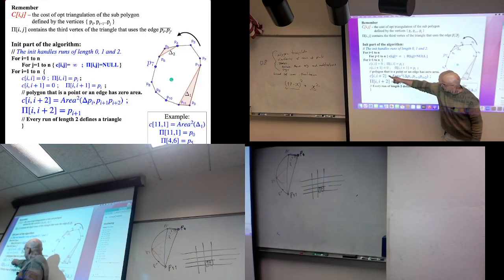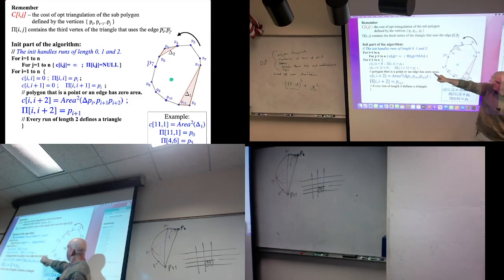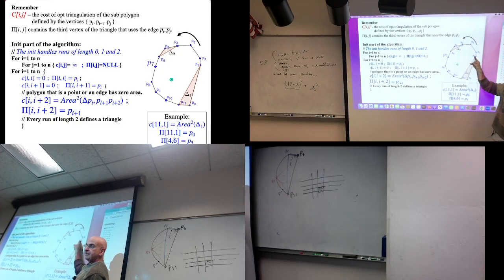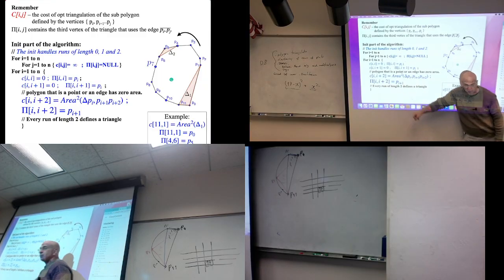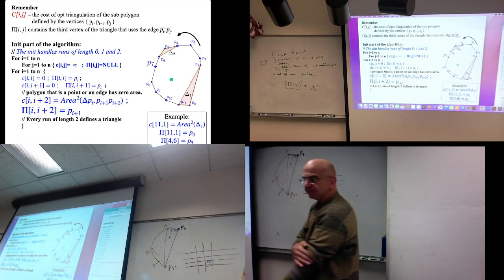When I talked about the case of a single triangle, P11, P0, P1, I had to say that C of 11 to 1 contains the area of this triangle. Where is the third vertex of this triangle? Not much choice. It will be at i plus 1, that is, P0 in this case.